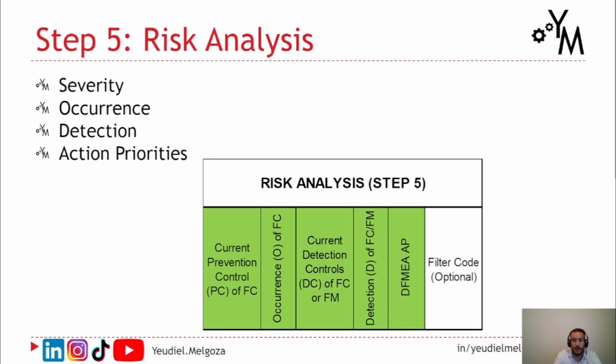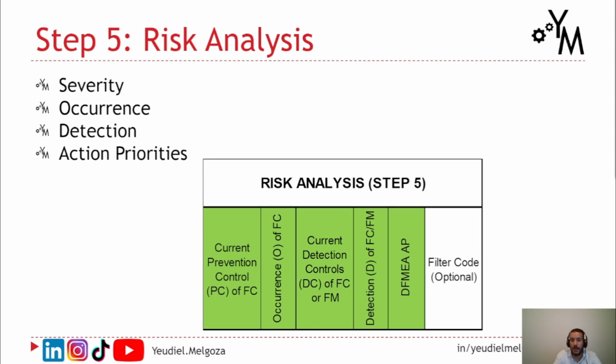In this step, the severity, occurrence, and detection of each failure chain is evaluated. For the action priority level, here we are going to have three options: high, medium, or low, and this is rated based on the SOD, the severity, occurrence, and detection. Depending on what is indicated on each one is the AP value. This AP value, high, medium, or low, is a standard based on what we score in the severity, occurrence, and detection.